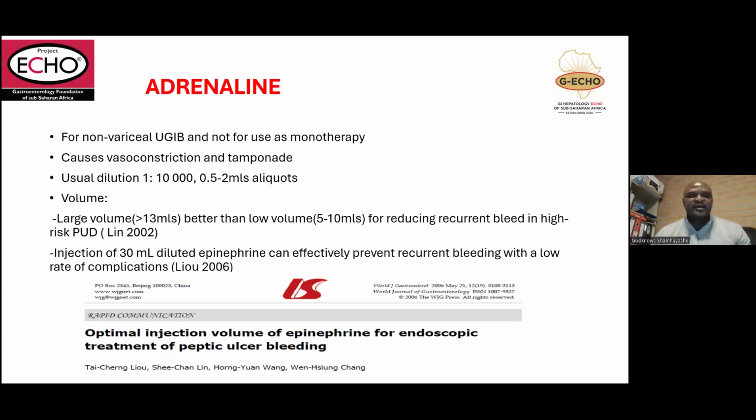That has been adequately studied. With large volumes, like 40 mils, there's a high risk of perforation, and those patients can also complain of some epigastric pains after the procedure.